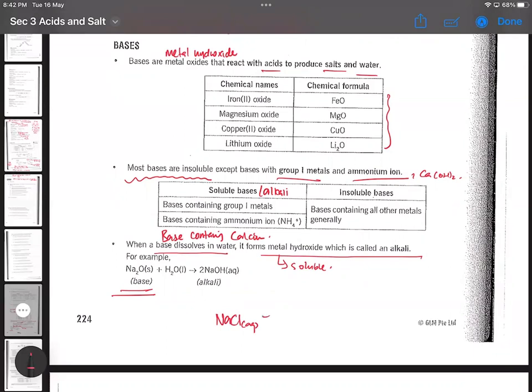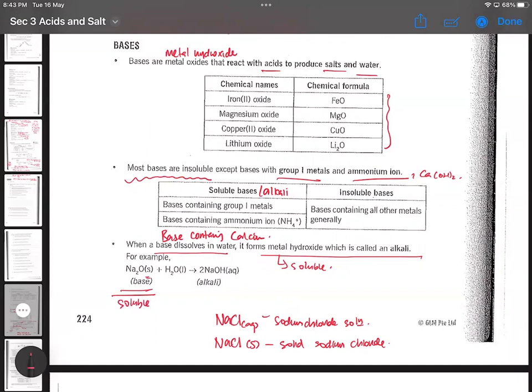This is called sodium chloride solution. Now, before you dissolve it, it was actually NaCl solid. This is called solid sodium chloride. No fault here. But for a base, it's a bit different. You notice that when it dissolved, it was actually a solid, even though this is soluble.